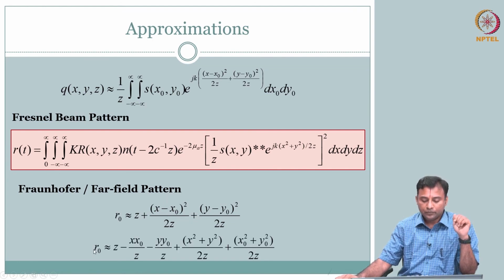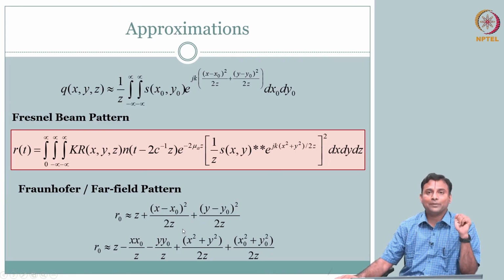When you do that, you have x minus x naught by 2, y minus y naught by 2 and these terms. Okay, so this is another level of expansion that we have done here. Why are we doing this? Of course, if you expand this, you have to substitute back in your r naught minus z, only this z will go. So now instead of 2 terms, you are going to have 4 terms: exponential of this, exponential of this, exponential of this, exponential of this.